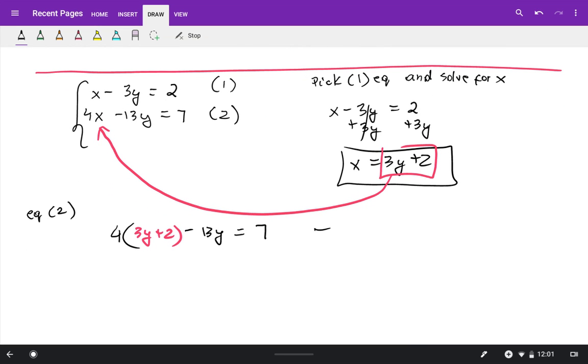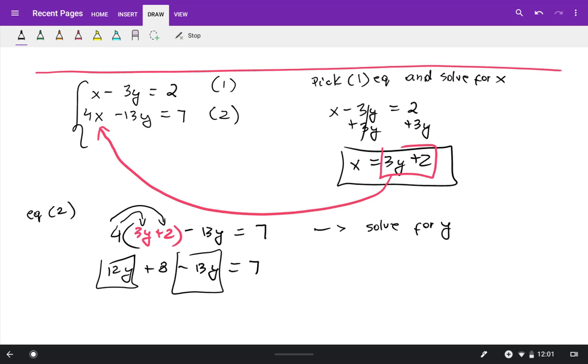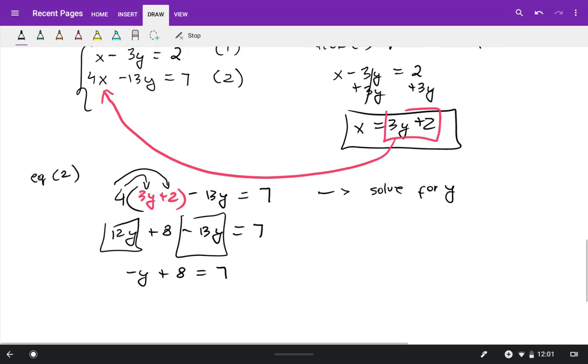And here, you're going to solve for y. So distribute 4 to both. We're having 12y plus 8 minus 13y equals 7. Solve for y. So 12y minus 13y will give you negative y plus 8 equals 7.